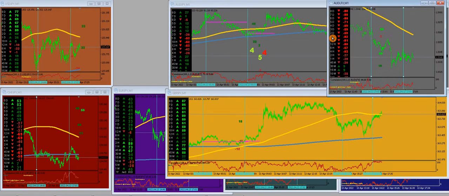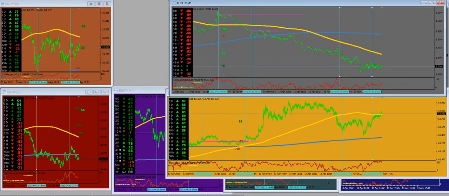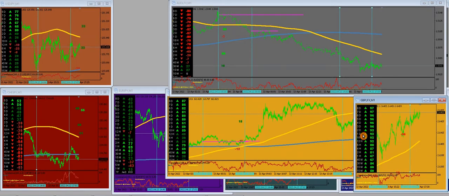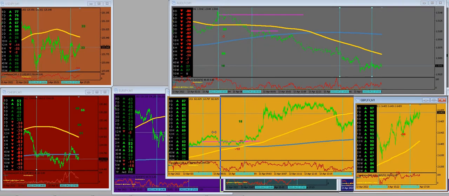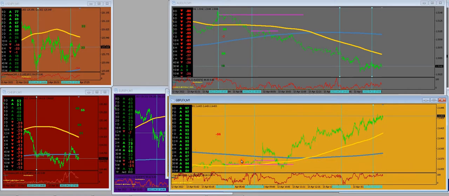In the case of Aussie index and pound index, we see that those two time levels there were here.